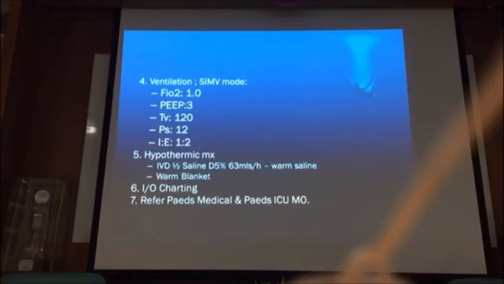Now there is atelectasis, we want to expand the alveoli and keep them expanded, so give high PEEP. Then the I:E ratio can be prolonged, and the rate is not there, so put a high rate as well. Increase the rate, increase the PEEP, and also prolong the I:E.